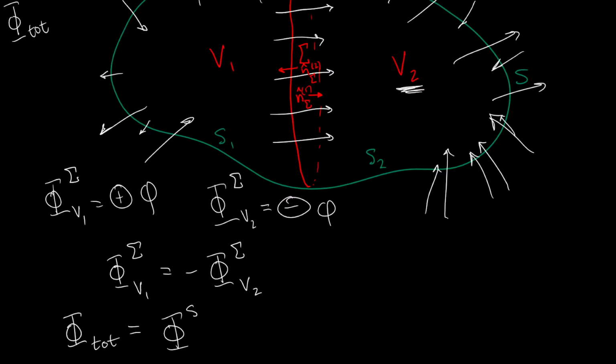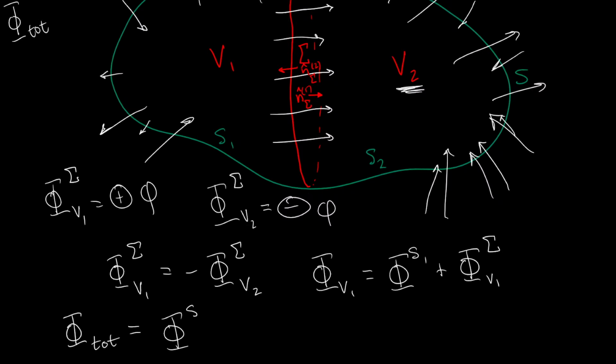But so once I split this, the total flux going out of V1 is equal to the flux going out of S1, just the piece of the surface surrounding V1, plus the flux out of V1 through sigma.